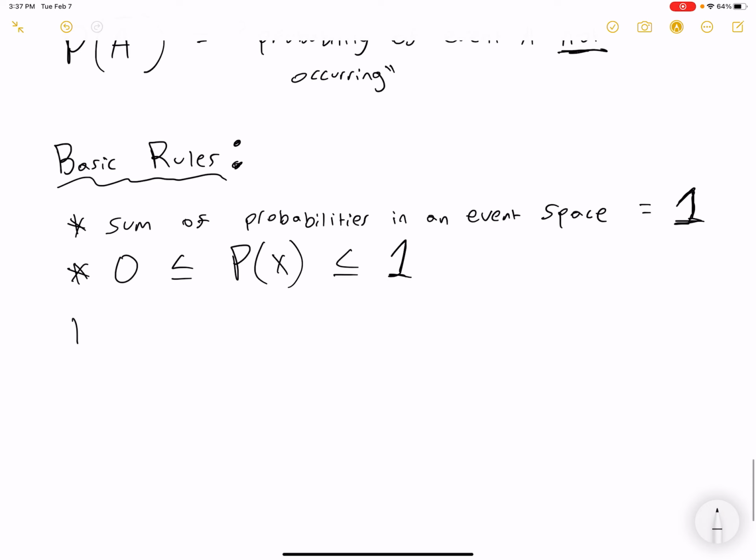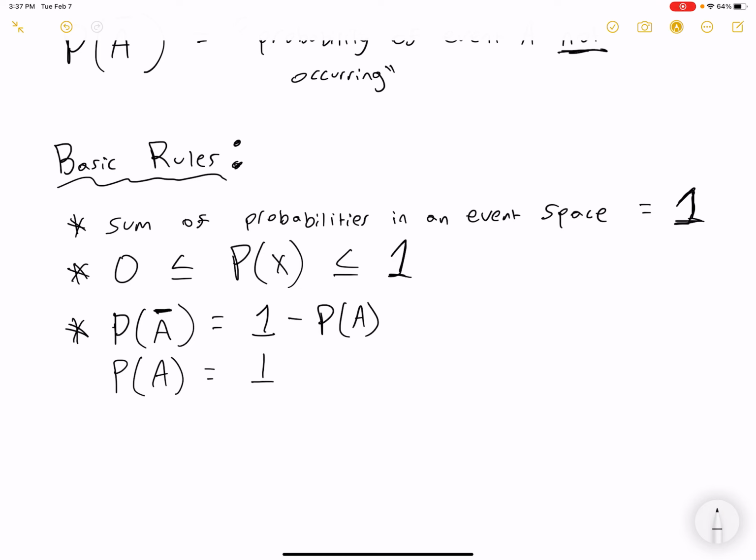Another intuitive one, probability of event A not occurring is equal to 1 minus the probability of A occurring. And similarly, the probability of A occurring is 1 minus the probability of A not occurring. So all very intuitive so far.